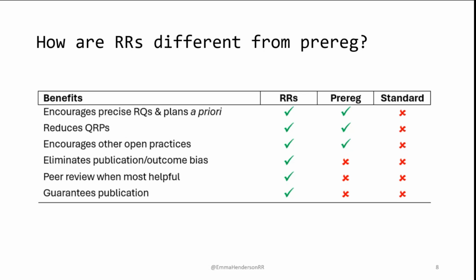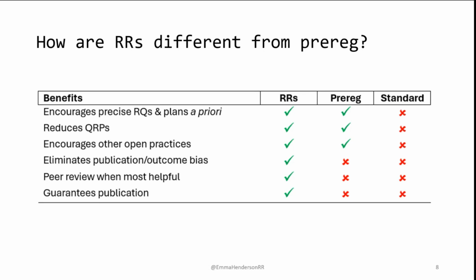There are a few ways that they are different, and they're quite important. So in terms of eliminating publication or outcome bias, where a decision to publish is based on the results. This is like where, for example, if you get negative results or something that is uninteresting, then the journal may decide not to publish the results.